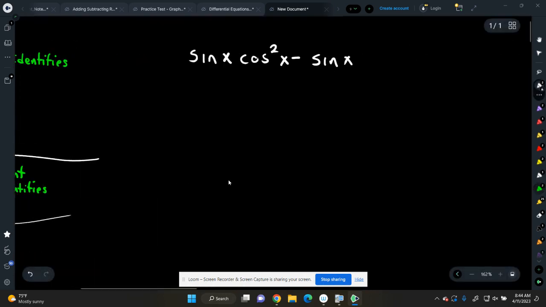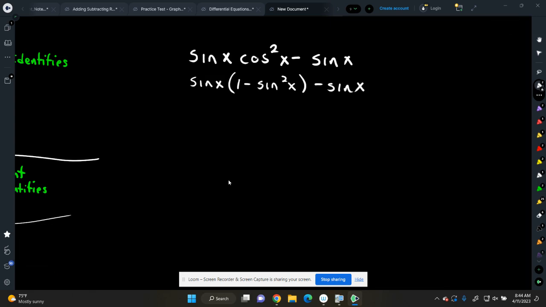So if I rewrite this as sine x times cosine squared, which is 1 minus sine squared x, minus sine x. Now I have sine x minus sine cubed x, right?